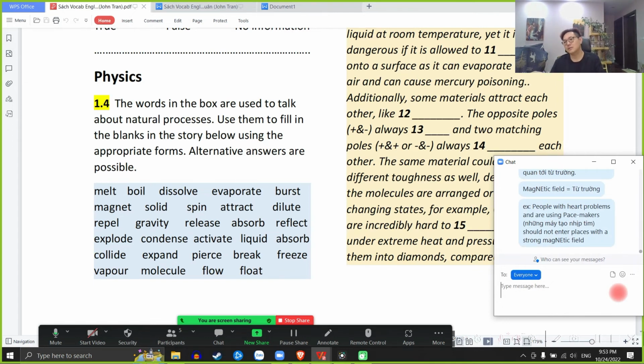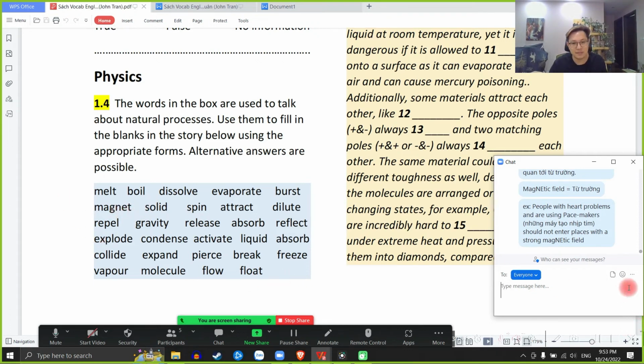Tại vì cái từ trường đó hoặc là thiết bị điện tử nó có thể gây ra ngừng cái máy đó chẳng hạn. They can stop the pacemakers and kill the patients. So it's very dangerous for those people.